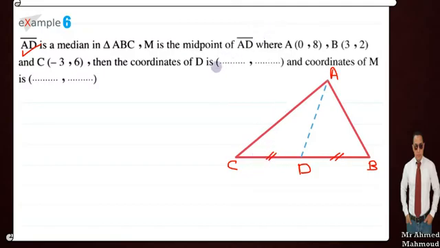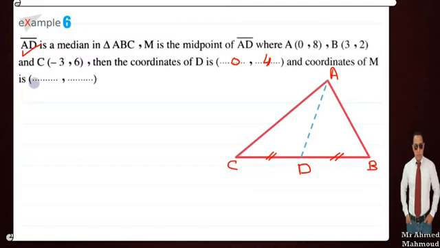So to find D, I will find the midpoint of B and C. Then 3 plus negative 3 over 2 equals 0, and 2 plus 6 over 2 equals 4. Then D equals 0 and 4.